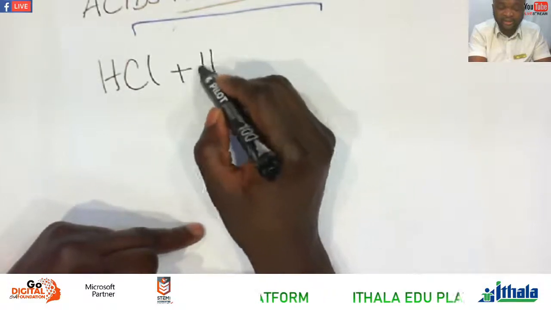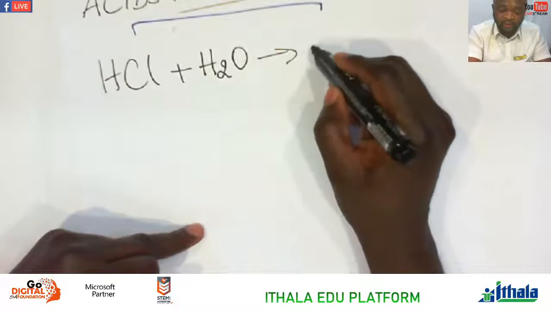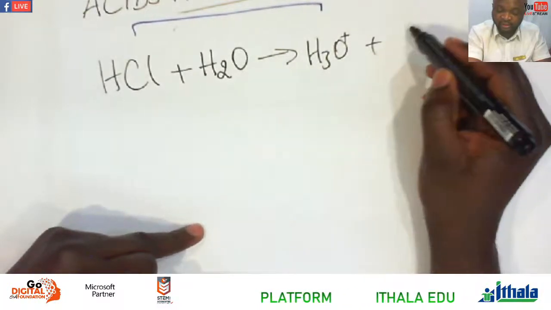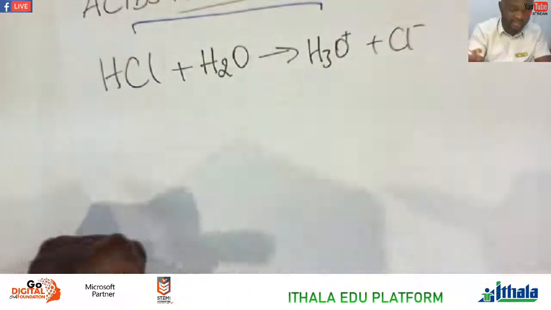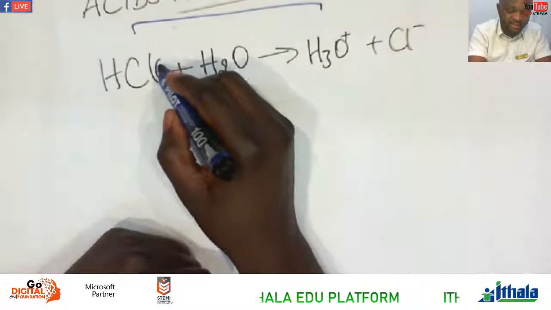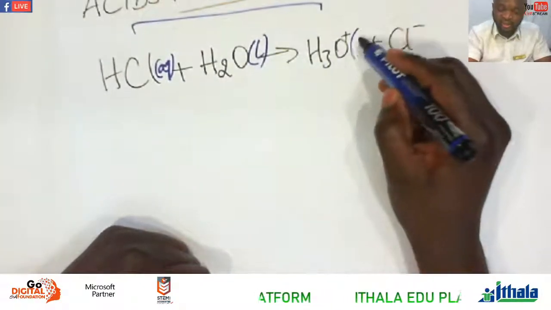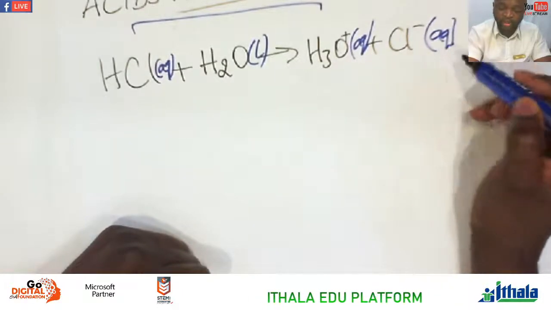This time we react it with water, H2O, and this will result in H3O plus plus Cl minus. Let's put the phases. HCl is an aqueous solution, H2O is liquid, and H3O plus and Cl minus are aqueous.